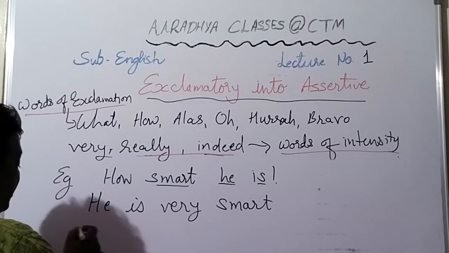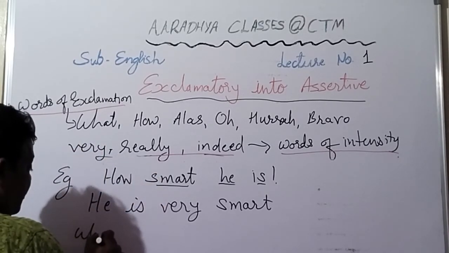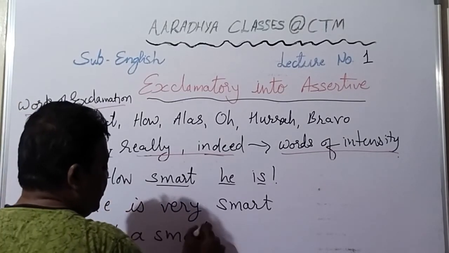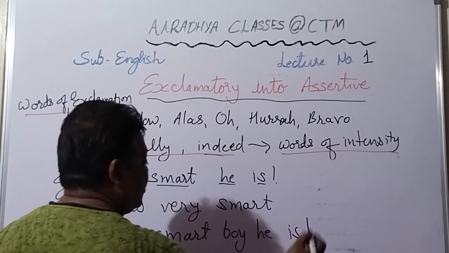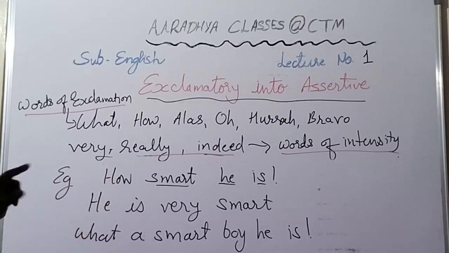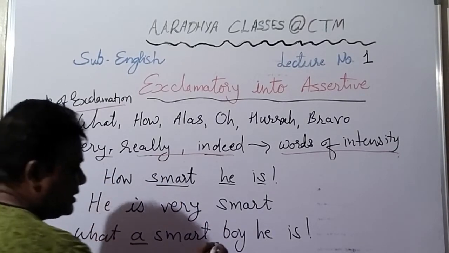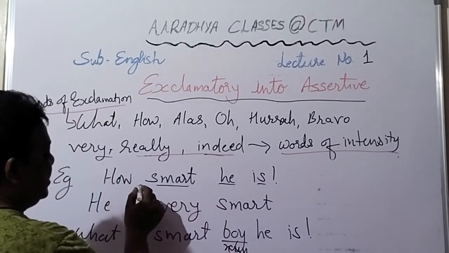But in what sentences you will have to be careful. Now let me remind you of the earlier sentences. What was the difference? What a smart boy he is. Students, now you see the difference in how sentence and what sentence. In what sentence article is there, and noun is also there. These two things are not here.